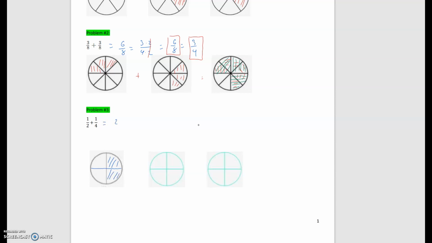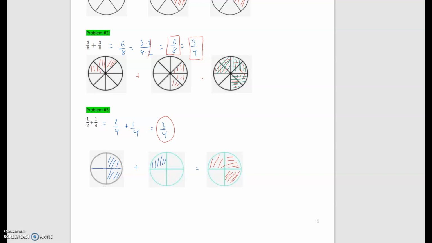So this is basically 2/4 plus 1/4, and I'm just going to shade this one here, and you can see that in this case, the total sum is going to be 3/4. So in terms of the shading, we're just shading a total of 3.